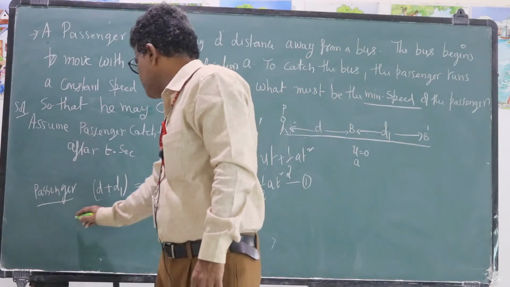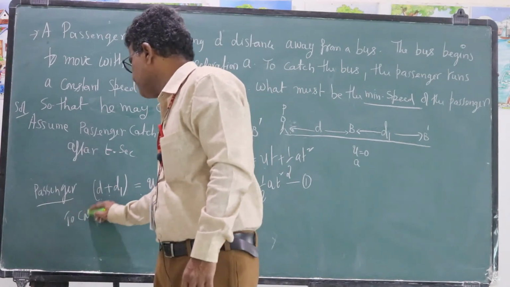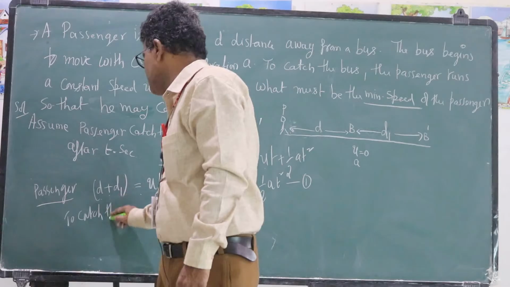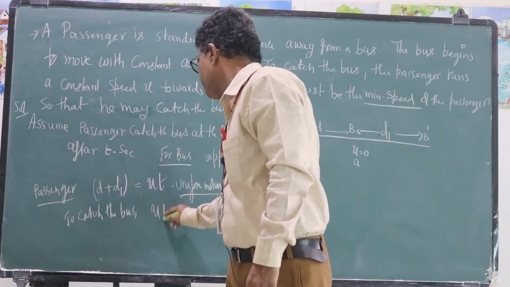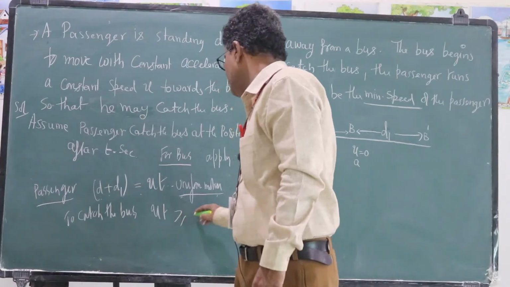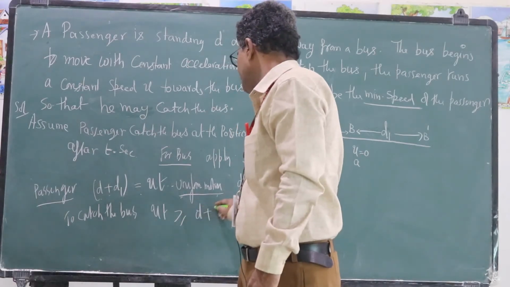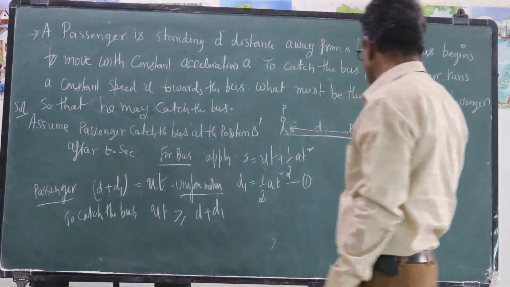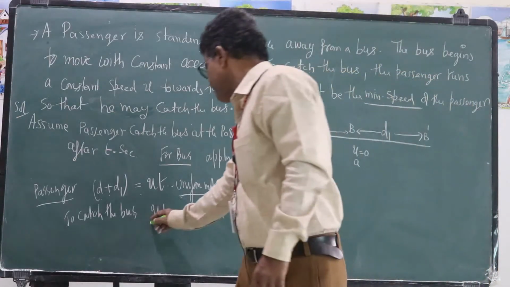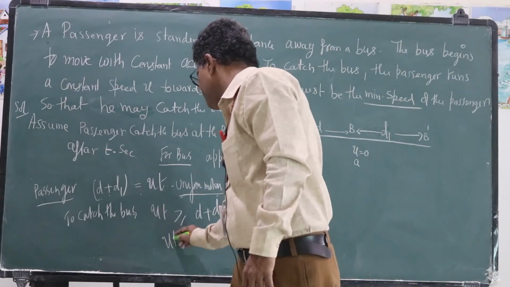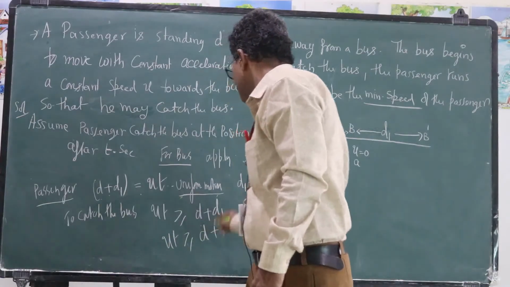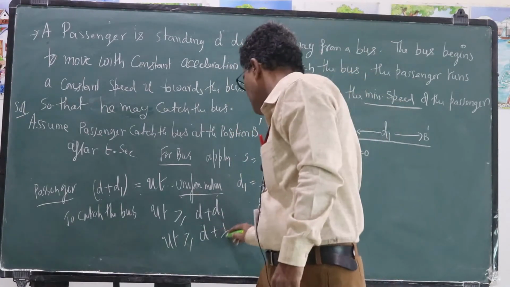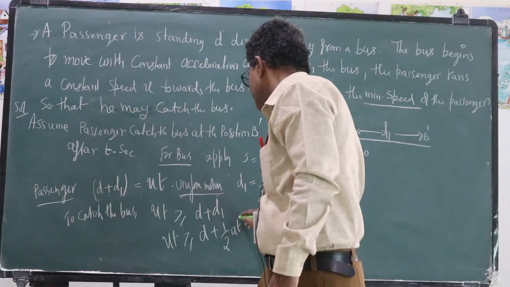So to catch the bus, ut should be greater than or equal to d plus d1. What is d1? Half a t square.